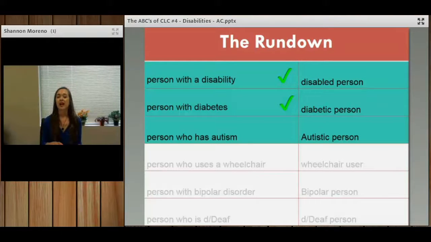In general, we find that the children themselves, once they get a little bit older into adolescence and into adulthood, oftentimes are going to prefer the identity-first language, because that youth comes to feel that their autism is very much a part of who they are. It's very much a part of their identity.